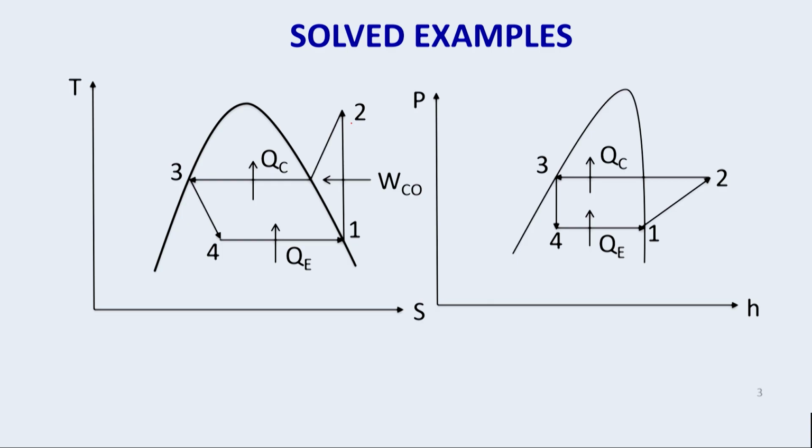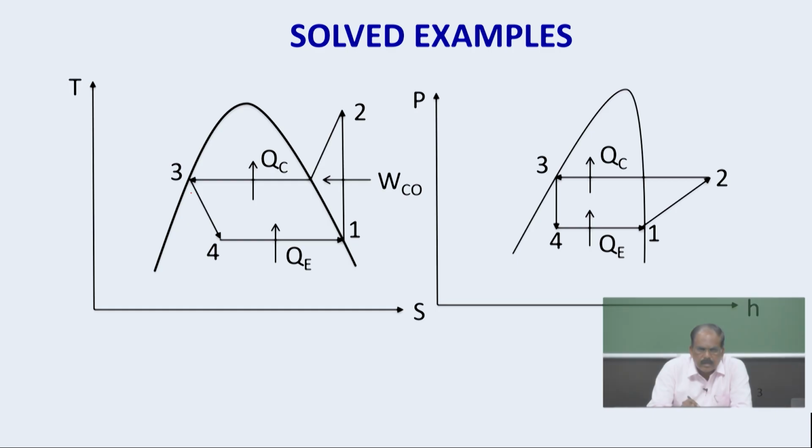The only remaining enthalpy to be found is H3, which will be equal to H4. State point 3 lies on the saturated liquid line. So, similar to the previous two problems, the H3 value will be equal to the liquid enthalpy corresponding to the condenser temperature.